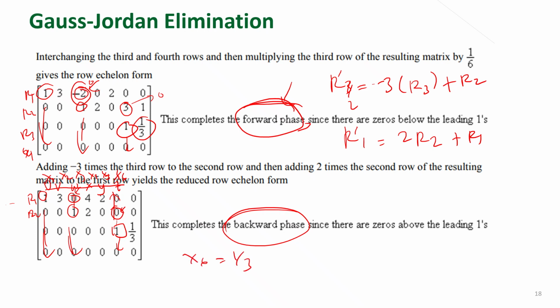So x6 equals 1/3, x3 plus 2x4 equals 0, and then x1 plus 3x2 plus 4x3 plus 2x5 equals 0.